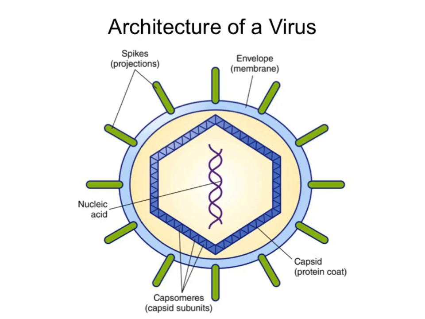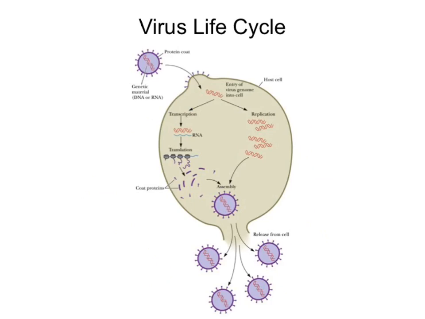If it's going to propagate itself, this genetic information has to have the information to code for everything on the outside of it, and ultimately for the genetic information in the middle. In general, it binds to your cell membrane and drops the spikes in. Once the spikes have adhered, that facilitates the injection, almost like a syringe, of the genetic information into the cell.